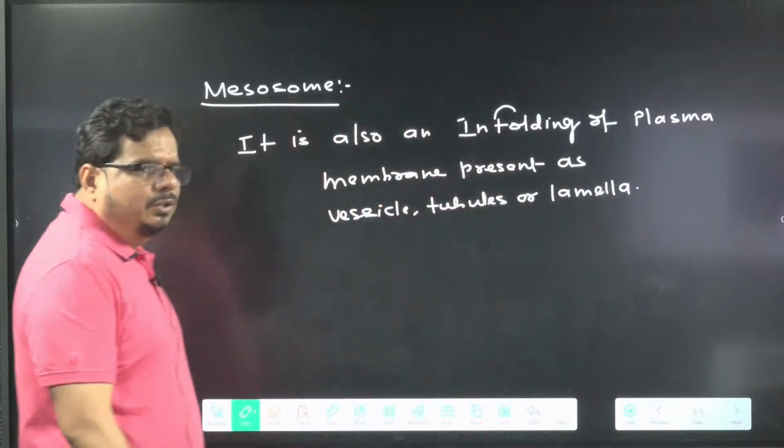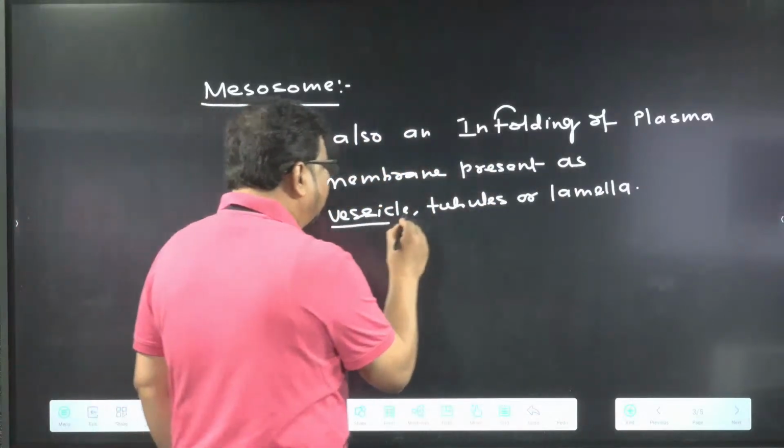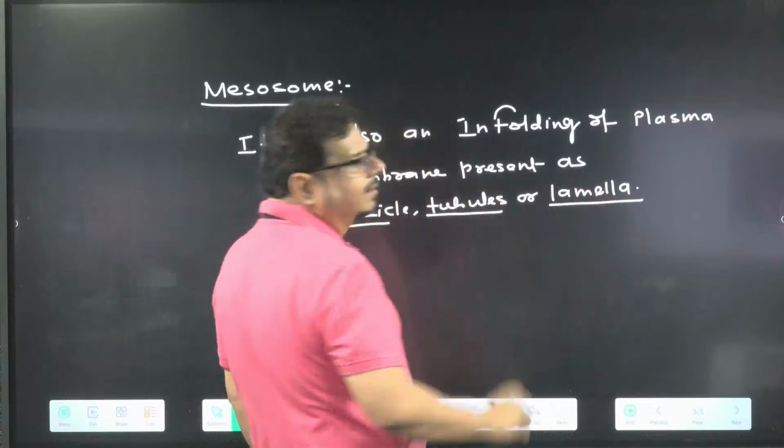Got the idea or not? Mesosome is present as what? Vesicle, tubules or lamella.